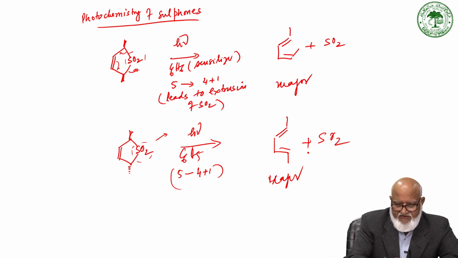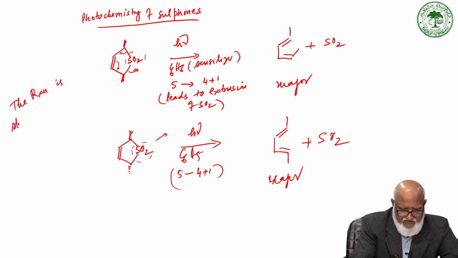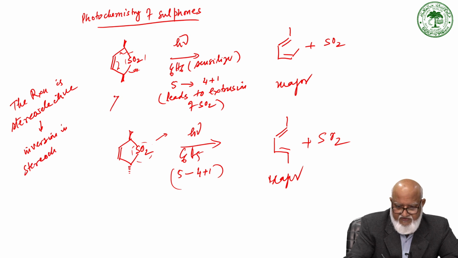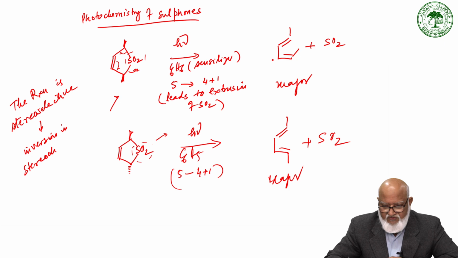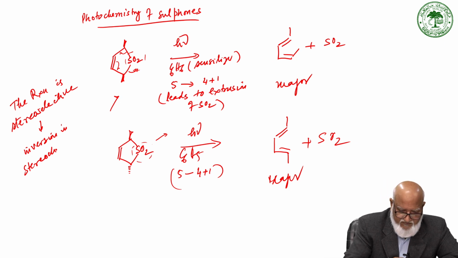This is stereoselective, leading to inversion in stereochemistry. So you have a cis, it goes to trans, and trans going to cis.